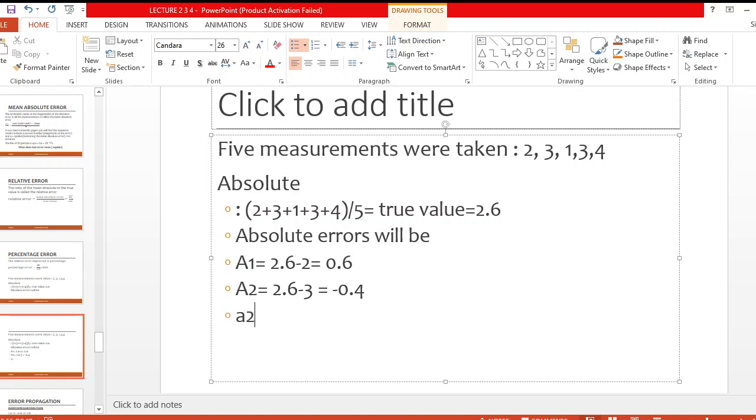For measurement A3, the absolute error will be the same true value minus now the measurement, which is 1, and what we'll be getting is 1.6. That's positive 1.6.